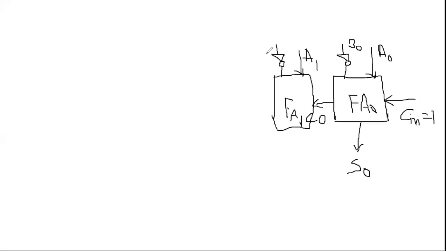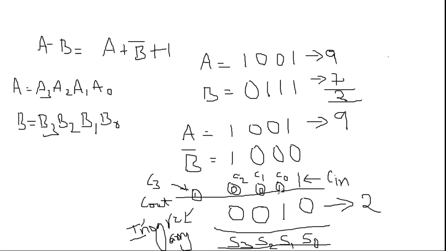I am using the inverter for B1, and it gets S1 and the carry C1. You can see S1 is 1 and C1 is 0, by taking A1 and B1 bar with C0 as 1.